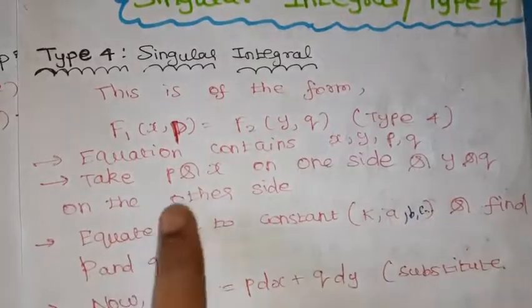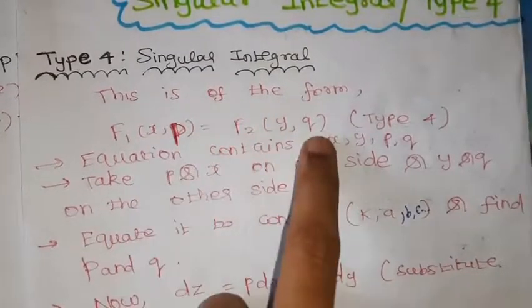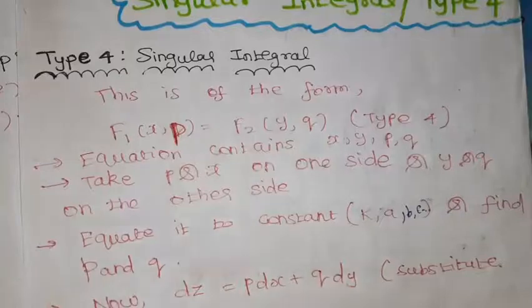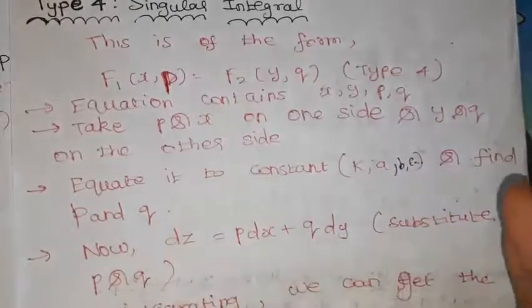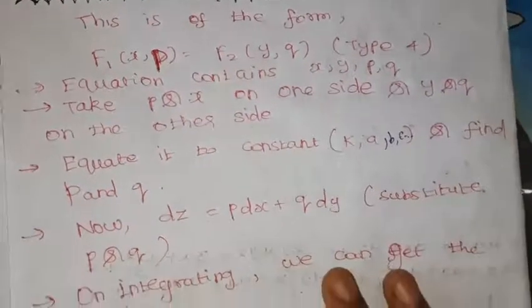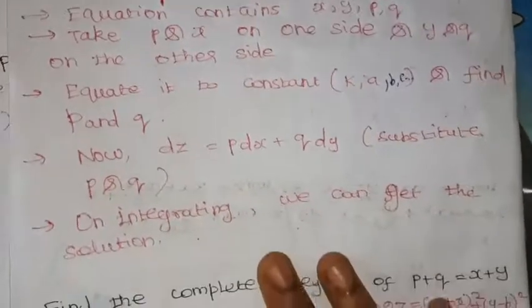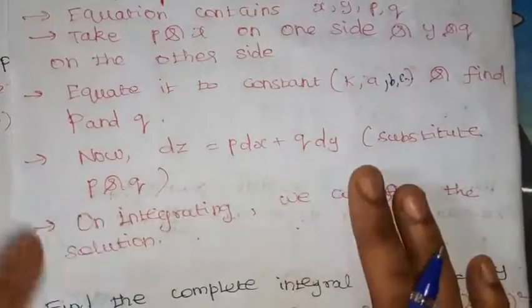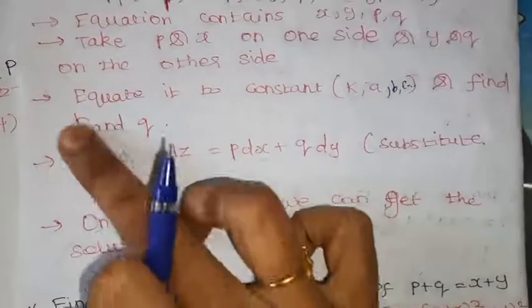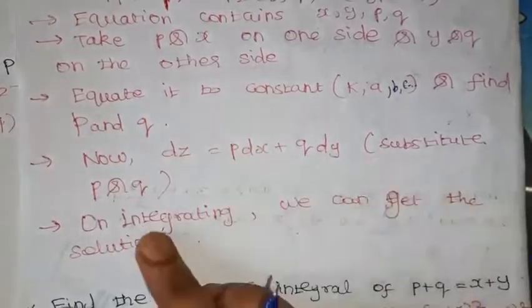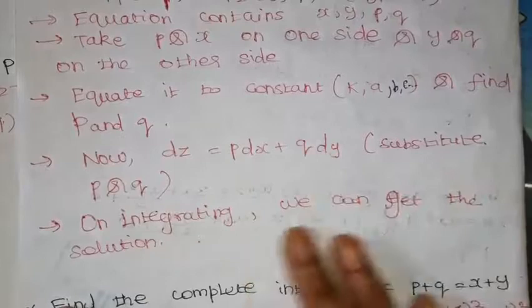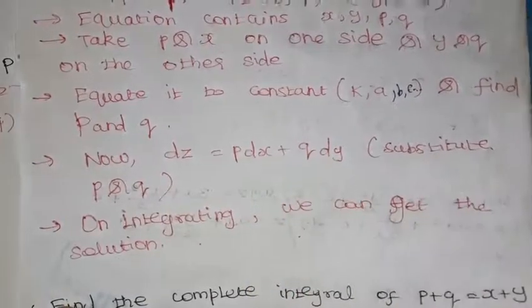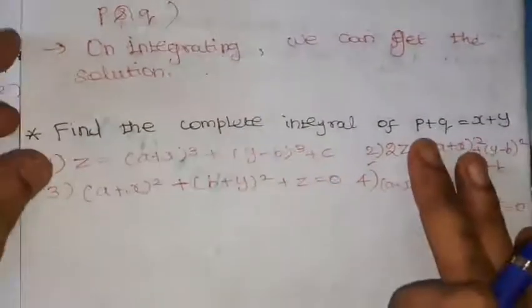Then take p and x on one side and y and q on the other side. Then equate that to some constant. Then we know dz equal to p dx plus q dy. So we know the value for p and q. Substitute this and integrate, and we can get the solution. We'll solve a few problems so that we can get an idea.